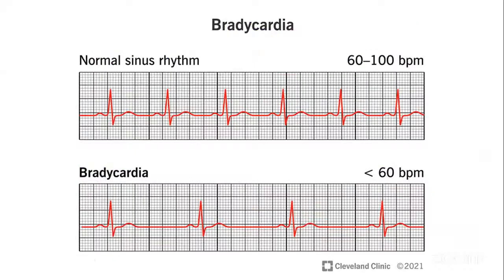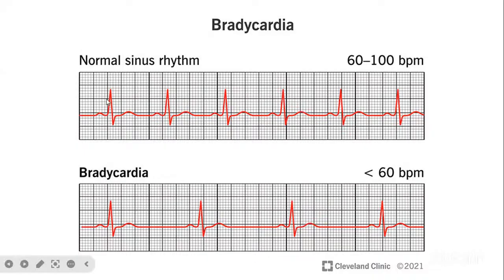I have one simple exercise for us to do. If you look at the one above, which I call the normal sinus rhythm, that is the rhythm coming from the SA node and going through the normal conduction pathway.